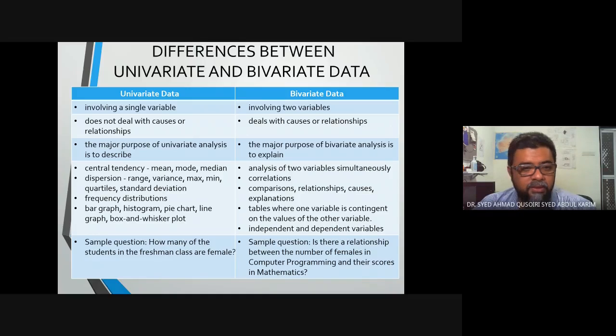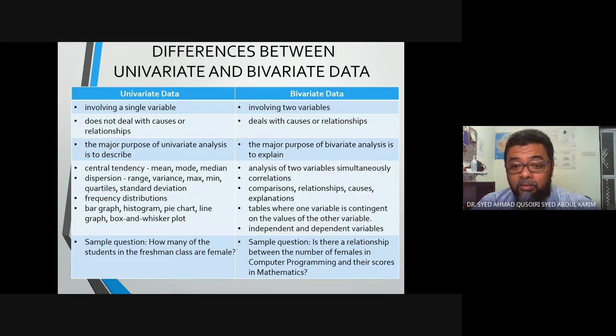So a sample question in univariate data: how many of the students in the freshman class are female? You just want to know the numbers. But in bivariate data, the question is a lot more complex. Is there a relationship between the number of females in computer programming and their scores in mathematics?